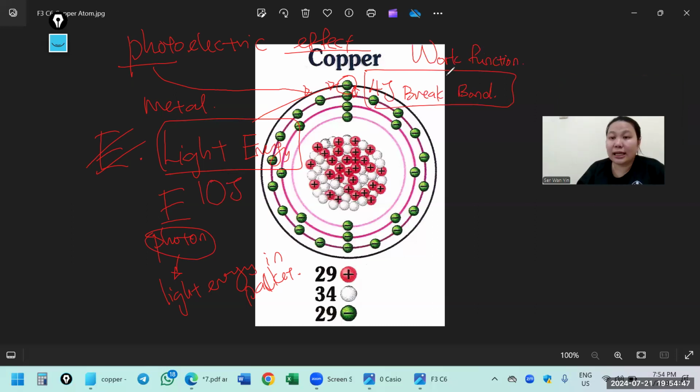It's energy. Once we use the 4 joules to break bond, we still have 6 joules left. So the 6 joules of energy will be converted totally to kinetic energy, so the electron will fly out with 6 joules of kinetic energy.